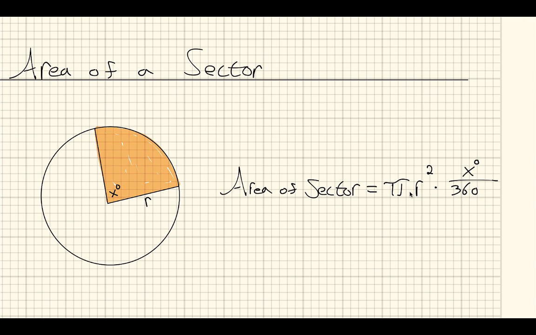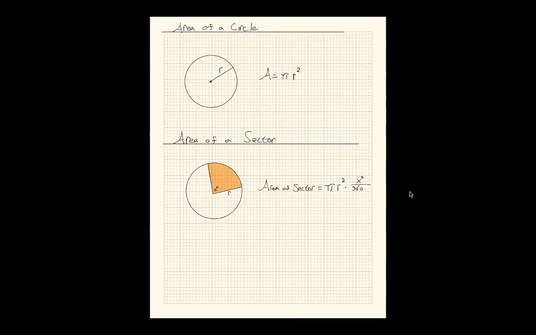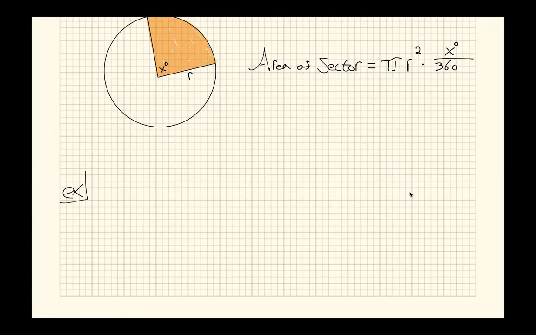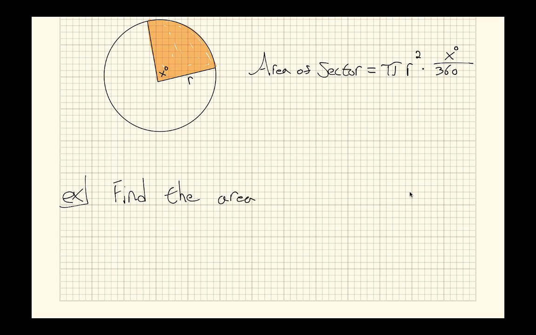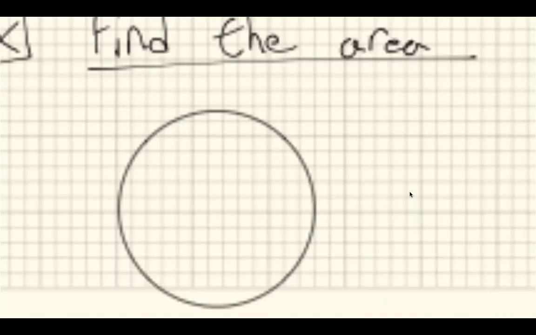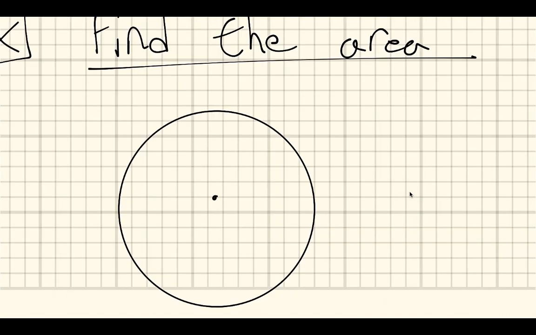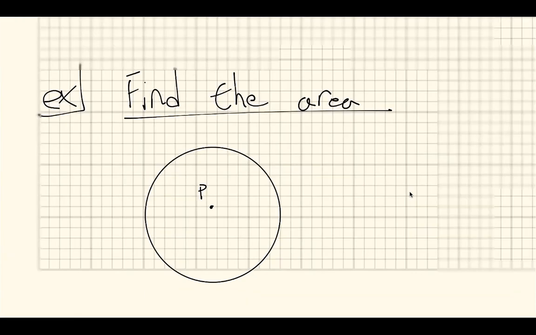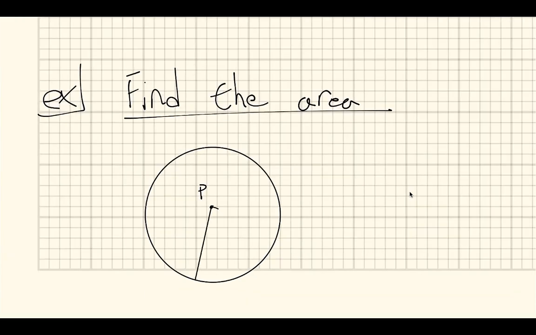So let's go ahead and do an example. Let's find the area. And here's our picture. We have a center point P with a sector cut out.